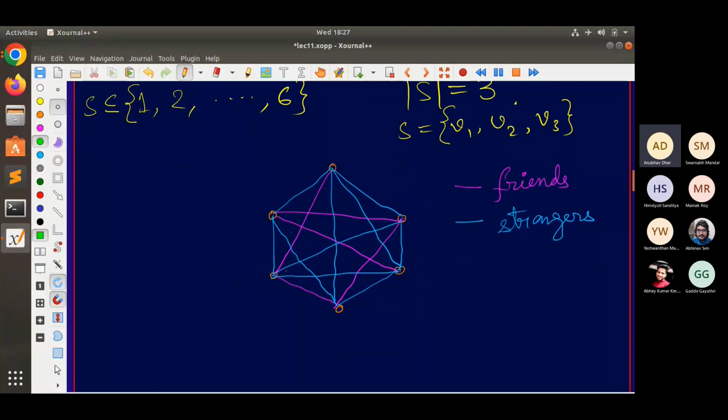Why? Because if there are 2 edges of pink color and 2 edges of blue color, then you will have 4 edges, but you have 5 edges, so there must be at least 3 edges of the same color. Now let's call this vertex V0, and let the 3 edges of the same color end at V1, V2, and V3.